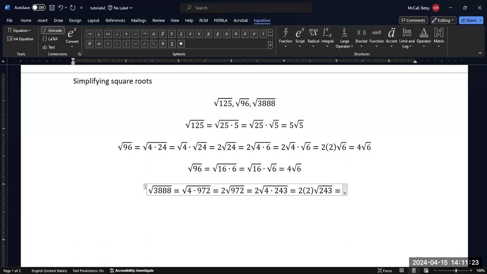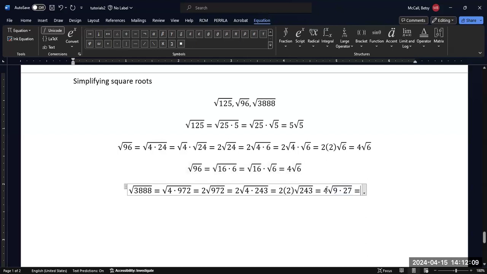Okay, so what about 243? Well, 243, I'm pretty sure, is a power of 3 of something. I think it's 3 to the 5th. So I know I can take a 9 out of that. So I'm going to rewrite this as 2 times 2, and then 9 times, well, 243 divided by 9 is 27.